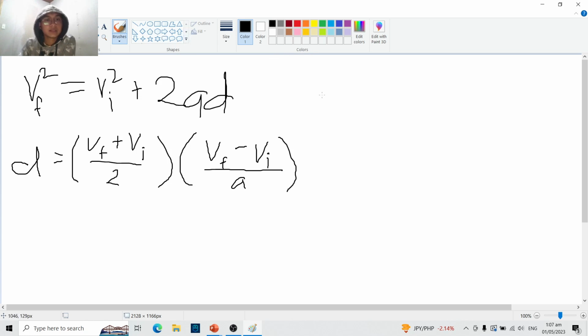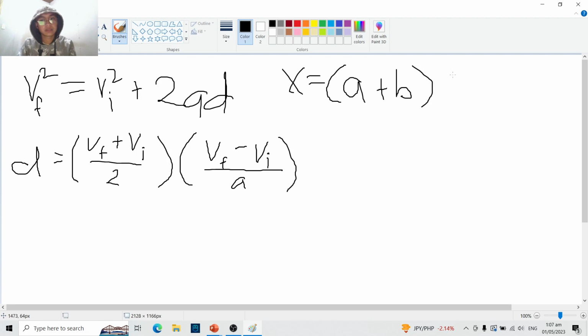Say for example, a plus b times a minus b.